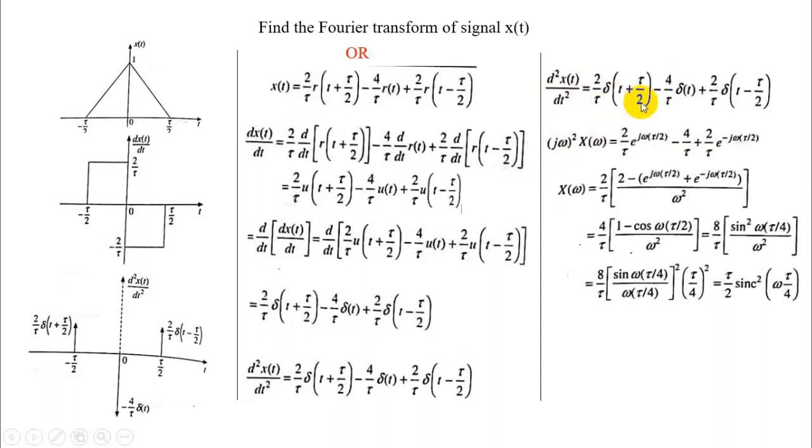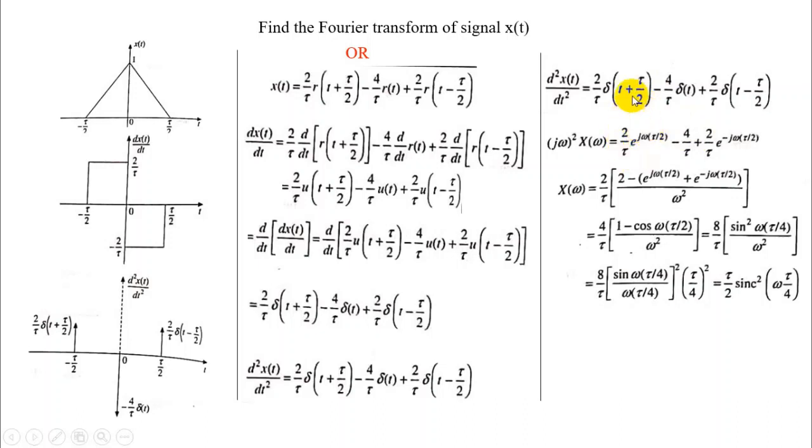The Fourier transform of delta t is 1. However, here t is replaced by t plus tau divided by 2.